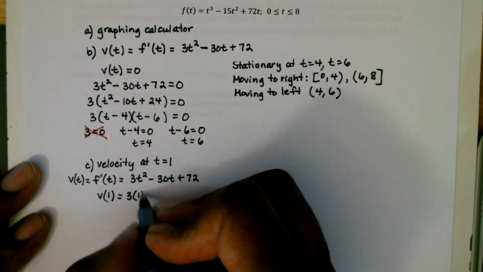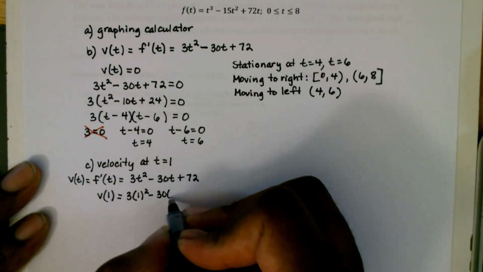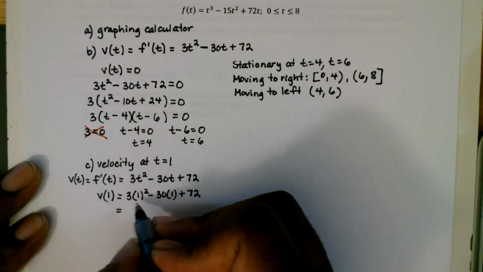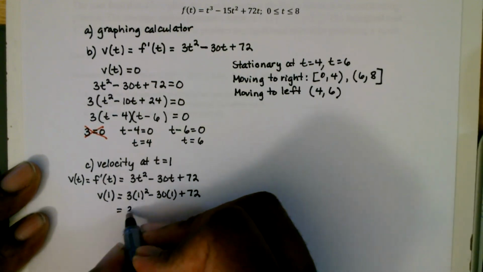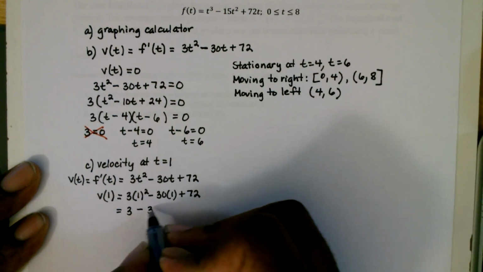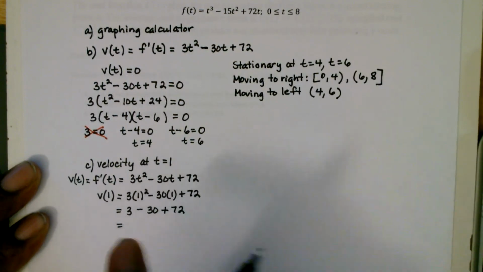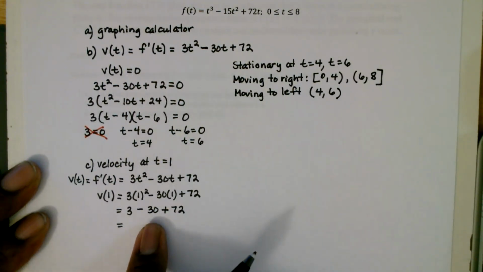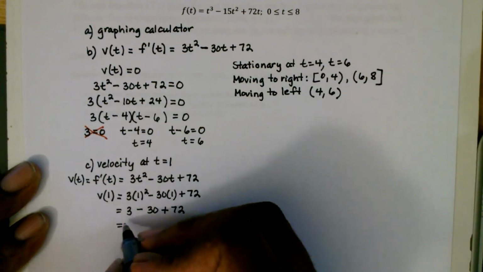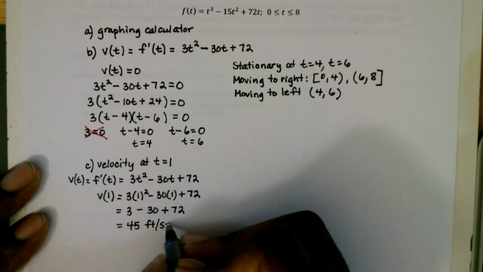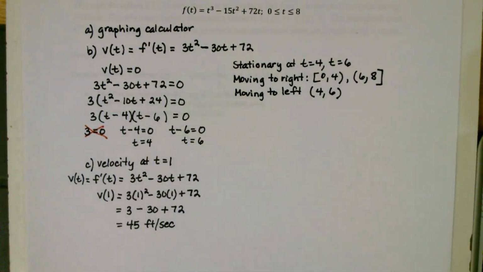So it'll be 3 times 1 squared minus 30 times 1 plus 72. Simplify this. 1 squared will be 1 times the 3 in front would be 3, minus 30 times 1, which is 30, plus 72. 3 minus 30 will be -27. -27 plus 72 would be 45. And this will be in feet per second because it is velocity.